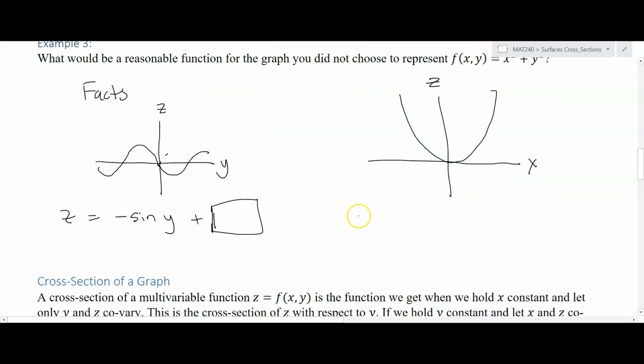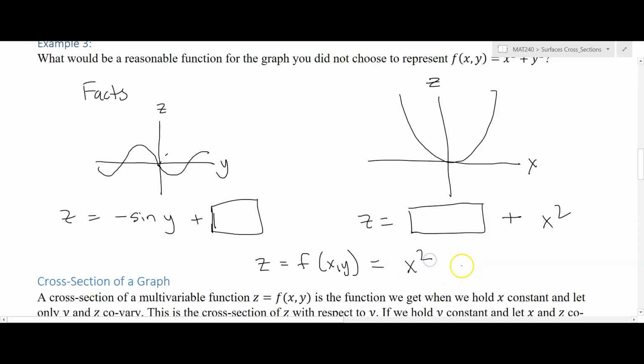So that means that when y is being held constant, so I'm just going to put a box there to say that it's being held constant, I see something that looks like a parabola with respect to x. So if I put these two pieces together, I'm going to say z, which is the same thing as writing f of x, y, looks to be something along the lines of x squared minus sine of y.